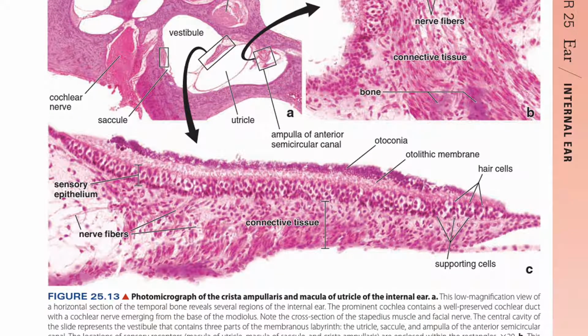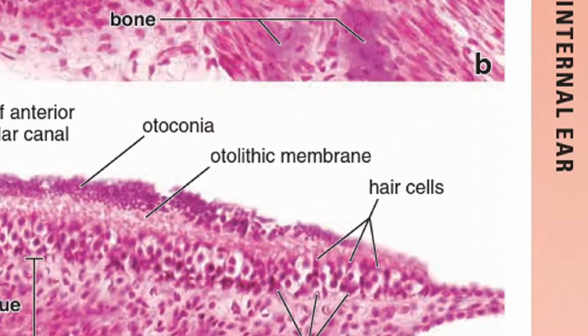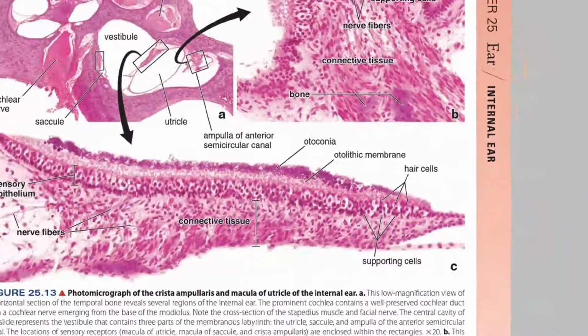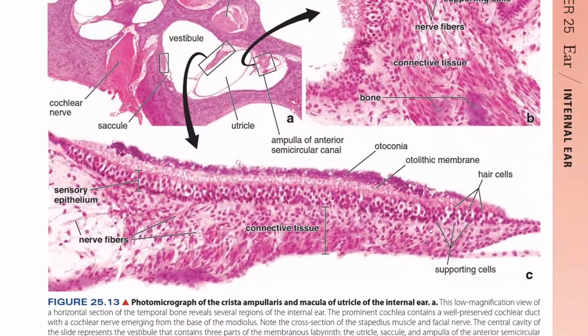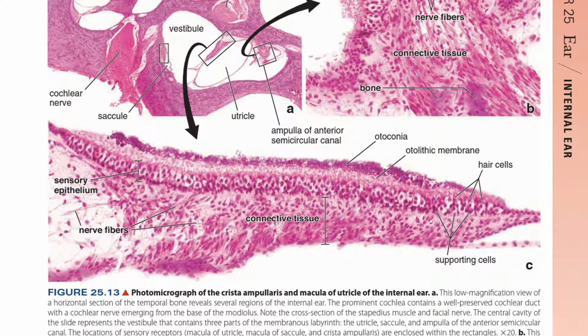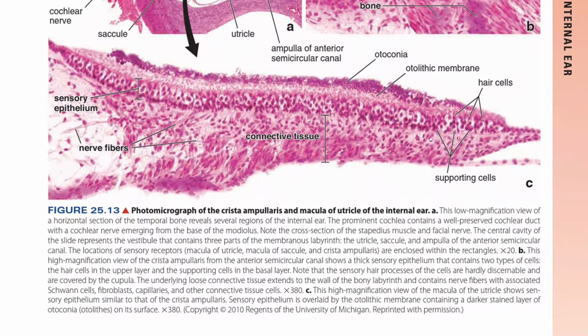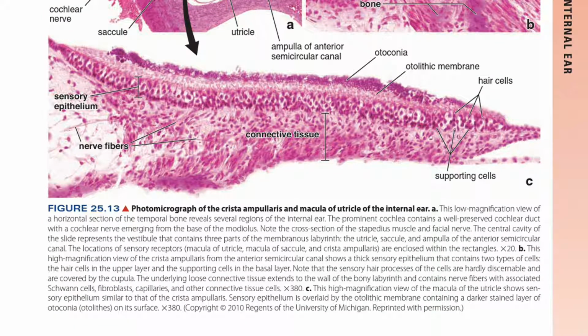In the previous lecture we have discussed this, the otolithic membrane, hair cell, supporting cell, nerve fibers. This figure is a photomicrograph of the crista ampullaris and macula of utricle of the inner ear.